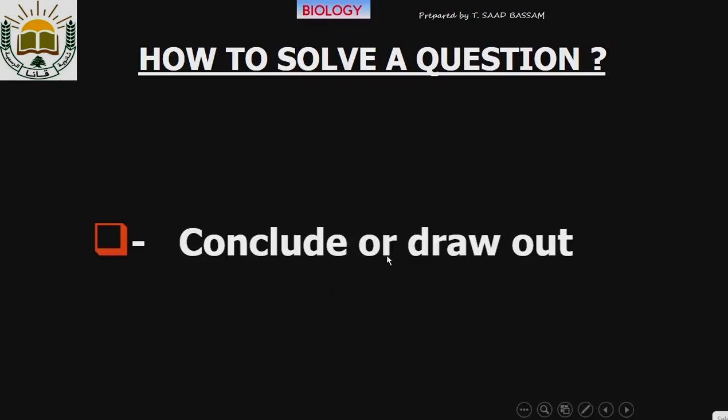Conclude or draw out, it is the same. It is extremely easy. It is only to write the then. Please do not make a mistake, because if you make a mistake, I will give you a zero.